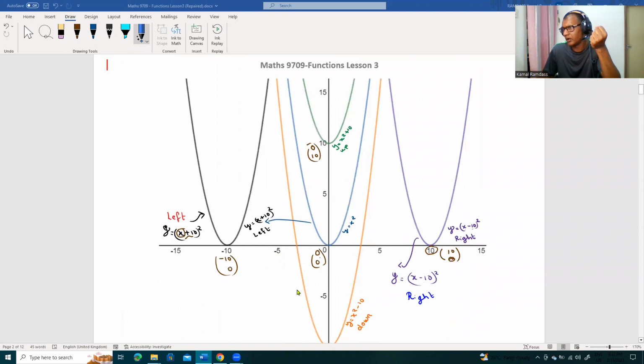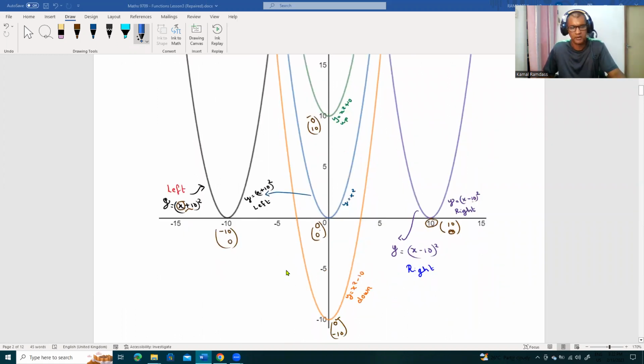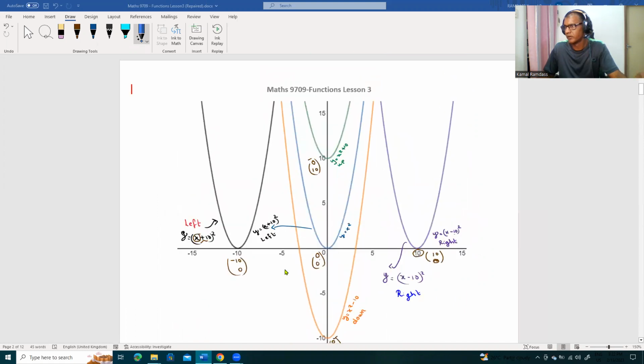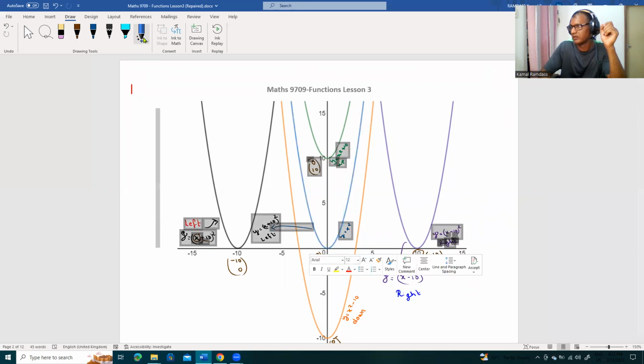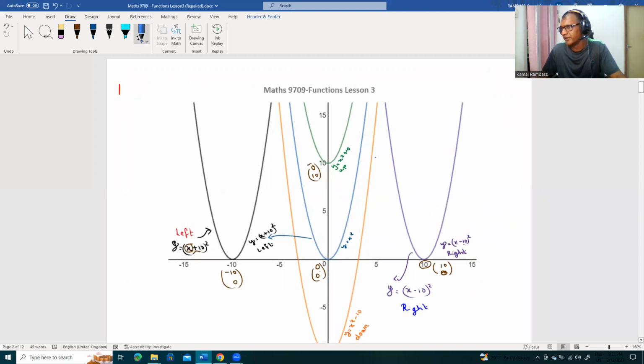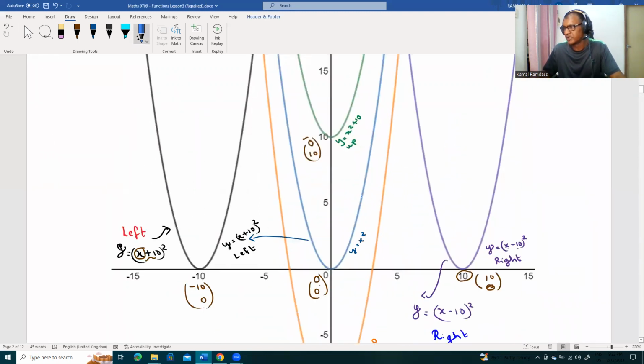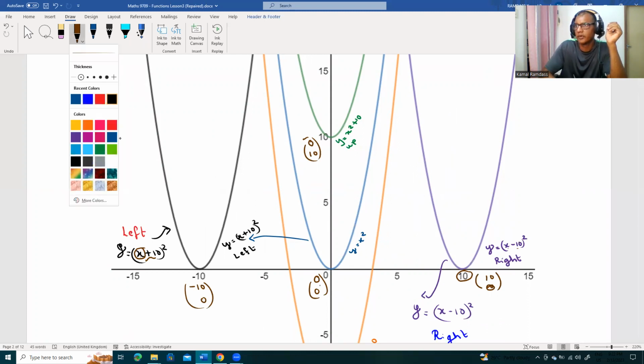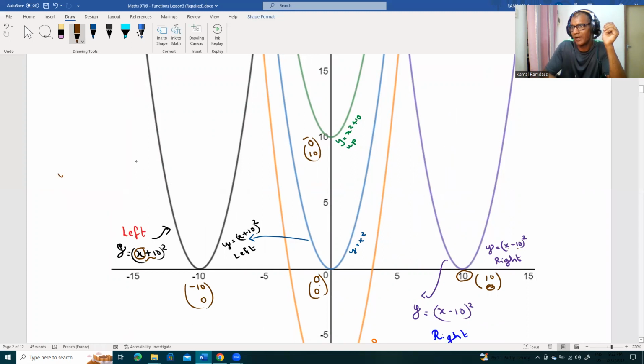Et là, un petit exemple. On prend y is equal to x square, qui est en bleu là. OK? Et si j'ai envie de lever le graphe là-haut, vertical shifting, je dis y is equal to f of x is equal to x square.